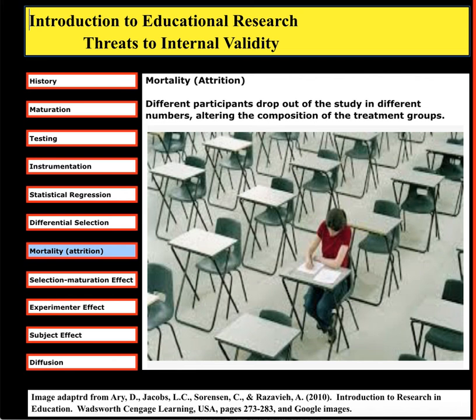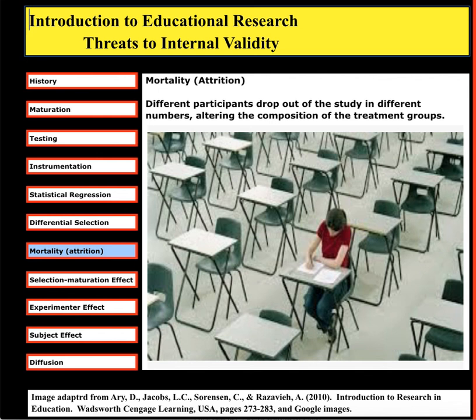So you may have started out by trying to make both groups as equivalent as possible, but you get this differential dropping out, and then that violates the principle of equalization of groups, and therefore the results are under threat. So the differential loss may result in differences on the outcome measures, even in the absence of treatment.